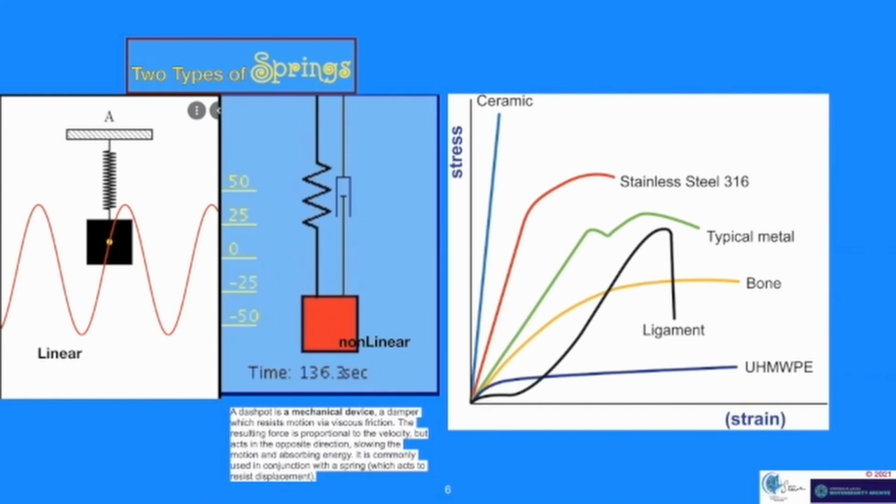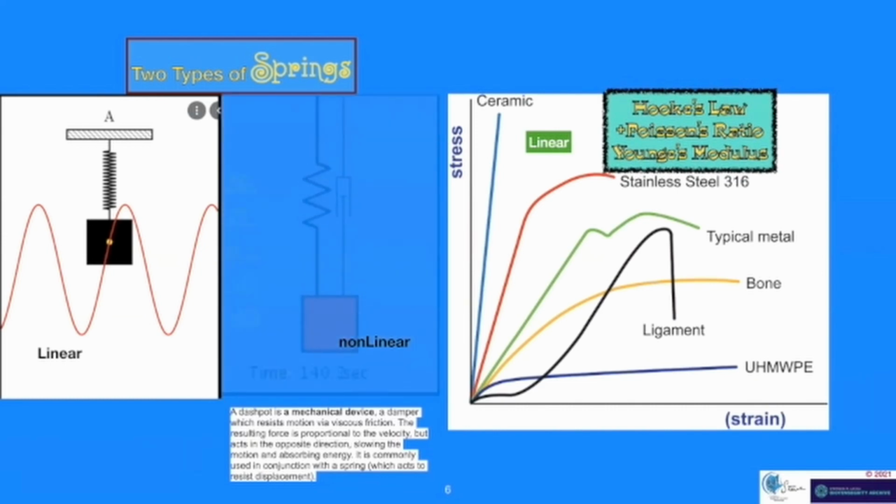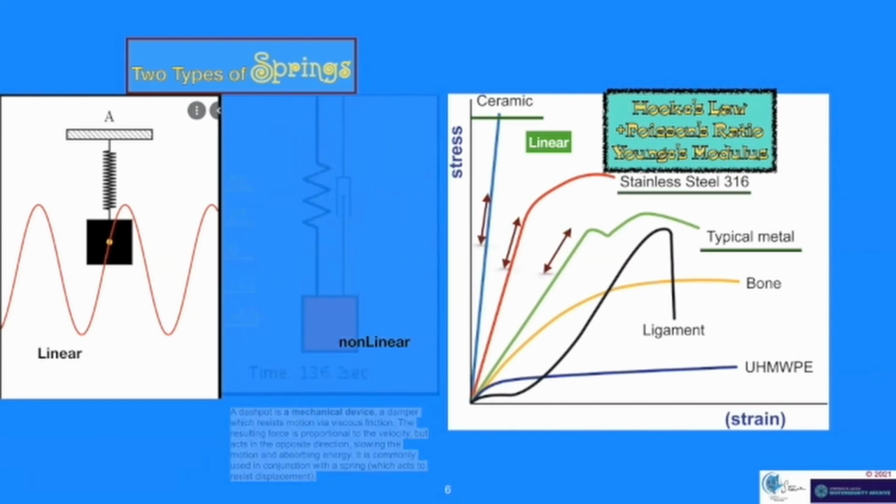So you have the linear one that has Hooke's law, a positive Poisson's ratio, and a Young's modulus. And those are things like ceramics and stainless steel and typical metals. Their stress-strain curve is essentially a straight line going up and down.